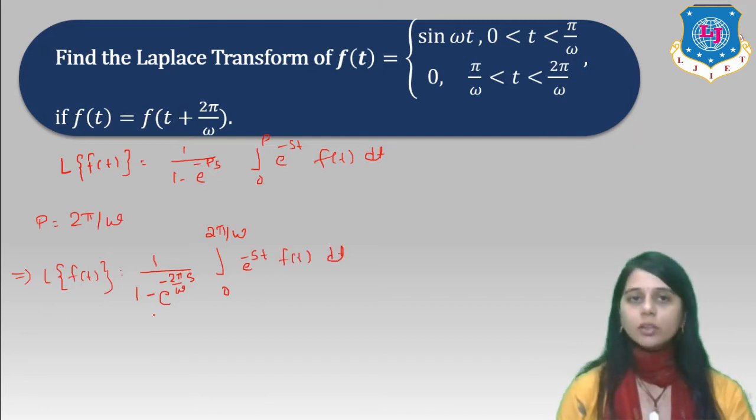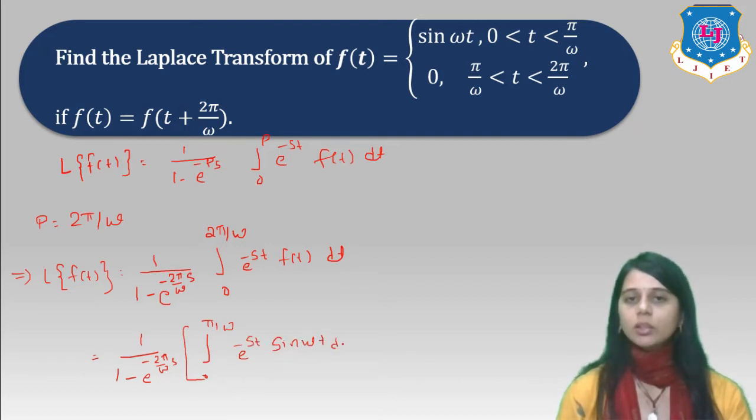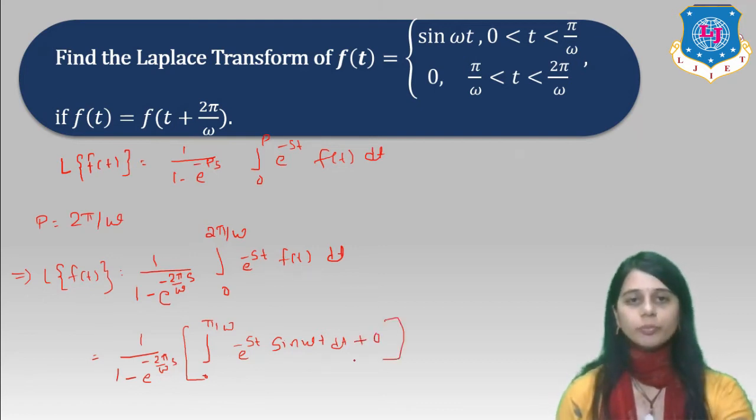Now we divide the interval: 1 upon 1 minus e raised to minus 2 pi by omega s, integration 0 to pi by omega of e raised to minus st, where the function is sin omega t dt. In the second interval, the function is 0. Okay.